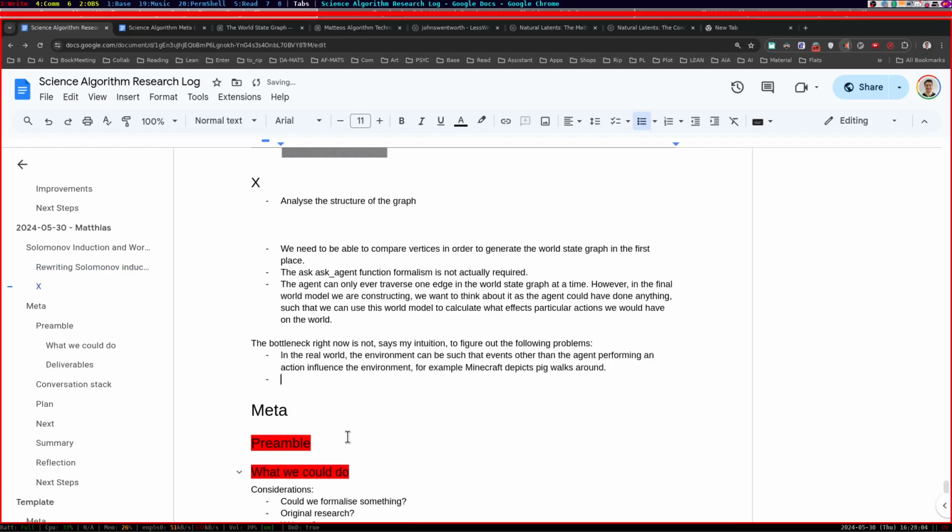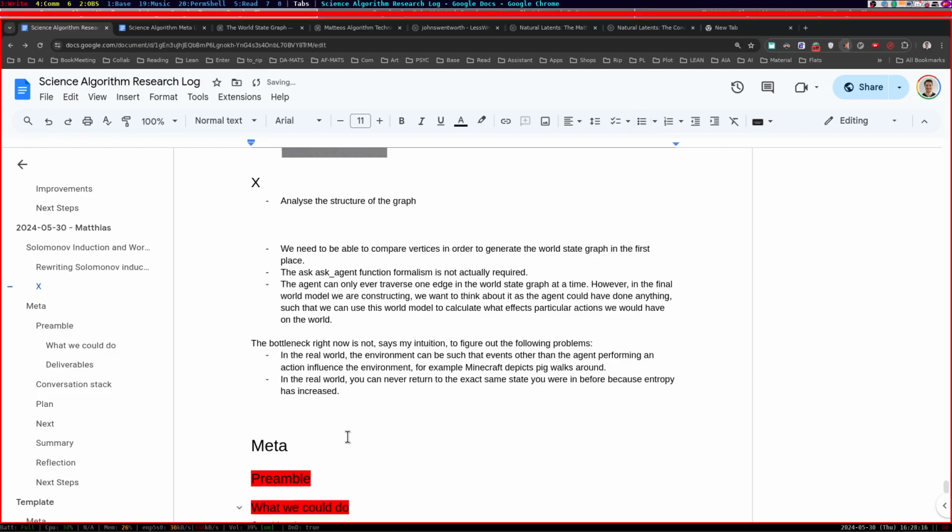In the real world, you can never return to the exact same state you were in before because entropy has increased. Some intuition for why these problems might not be that important right now is that this problem might be solved in large parts simply by having not super accurate sensors that observe all of low-level physics, so that you wouldn't even notice that the entropy has increased.